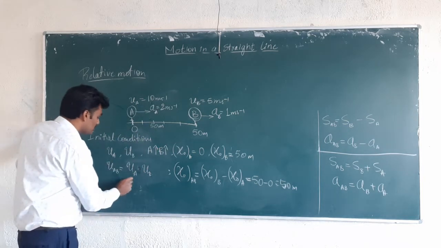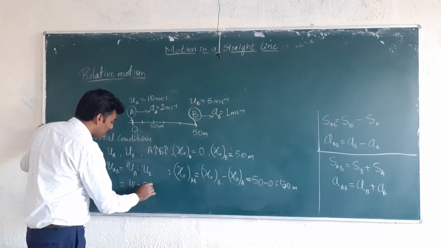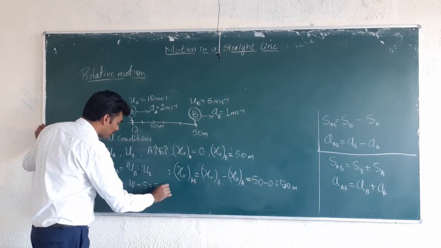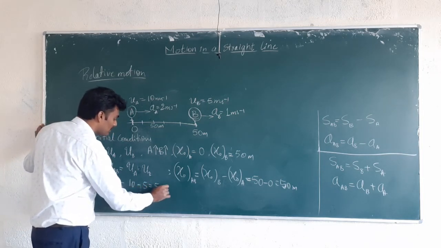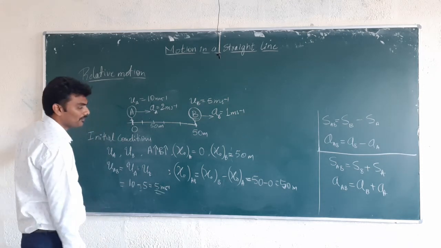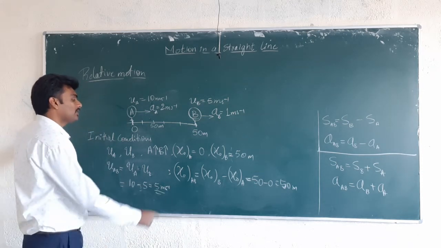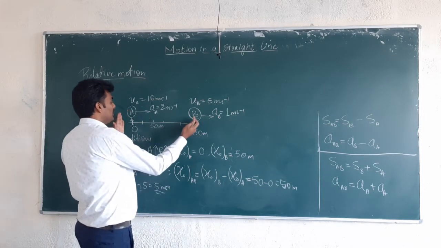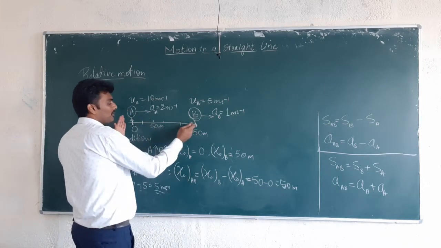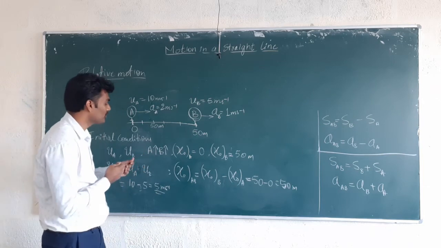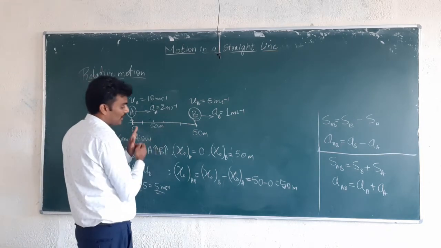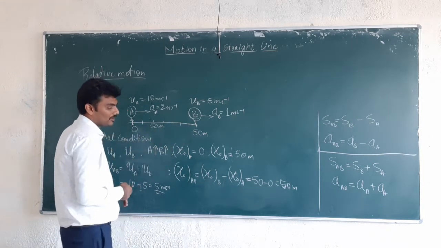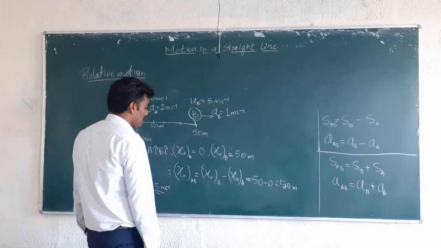So UA is 10 minus 5, which is equal to 5 meter per second. What is this? This is the initial relative velocity. And x naught of AB is the initial relative displacement. So initially they are this much away from each other, right? How much? x naught, which is 50 meter.